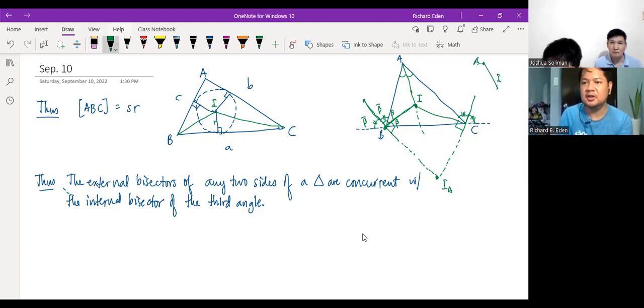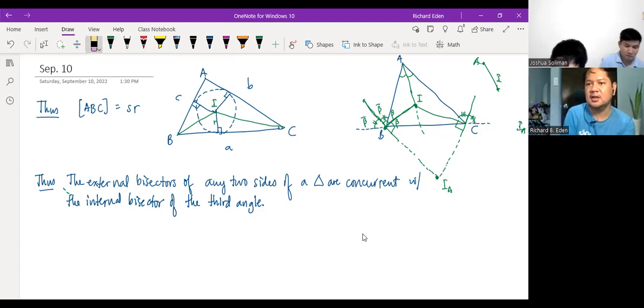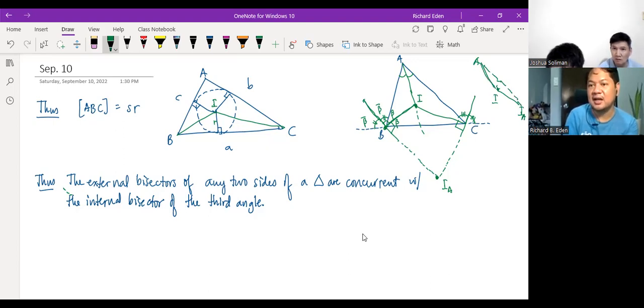Then I, and what if I sub A is like this? Then AIA is not the angle bisector, because the angle bisector of A is AI.